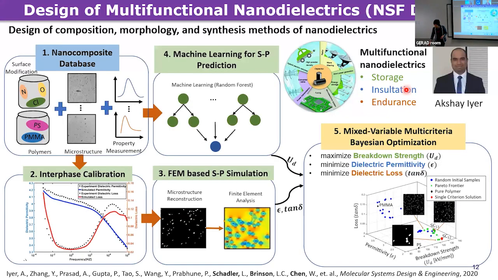This work has already been finished, and I'm using an example where we're designing a nano dielectric material that could be used in utility lines to carry electricity, right? The practical impact can be large, and we are designing this material so that it can have good storage behavior.